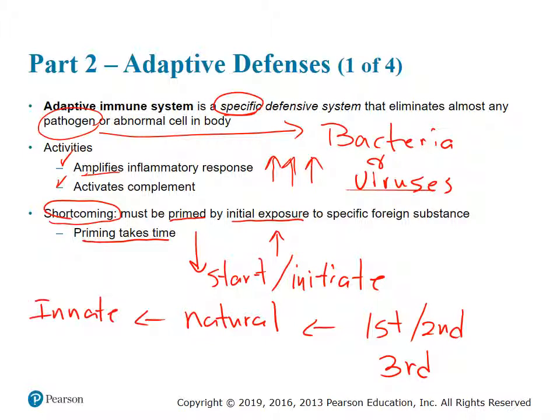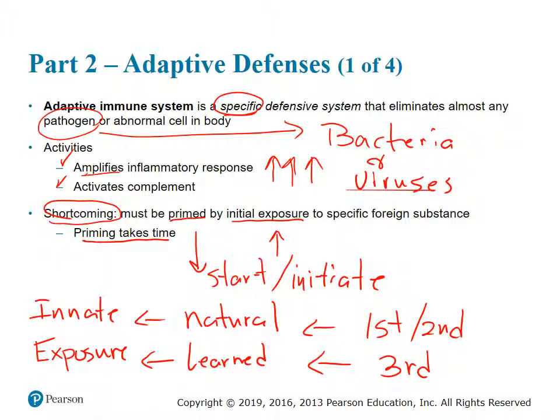Yes, it gets stronger, that's absolutely true, but we're born with a basic natural immune system. That's the first and second line of defense. But the third line of defense, as I mentioned in the first part, is learned. And how do we learn it? By exposure. That's the only way we can gain the third line of defense.